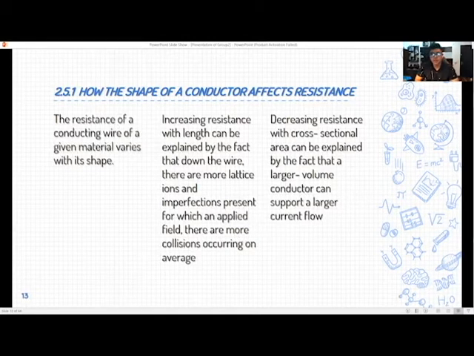And when you decrease A, which is the cross-sectional area, the resistance will be increased. And this is the explanation for the increase and decrease of resistance, and that will help you to understand why it occurs.